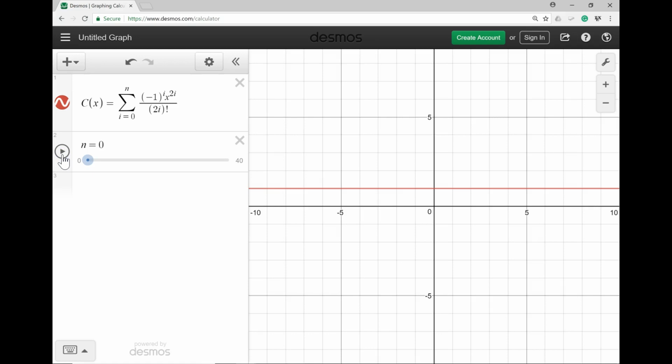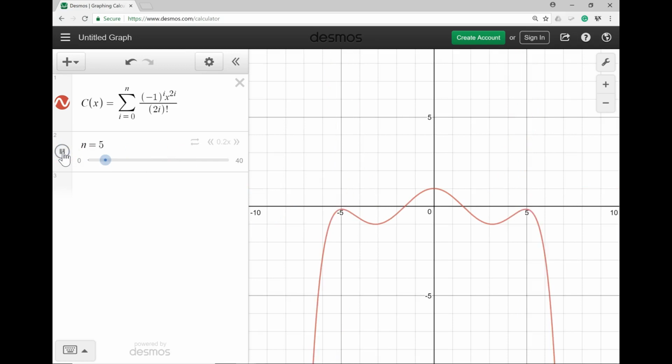In this case, we're trying to figure out what this particular graph looks like. This first partial sum looks like a line. If we start to increase the values of n, let's slow that down and start over again. Here's what all the different partial sums look like. Here's when n is 15. We saw earlier values of n. We can keep increasing its value.